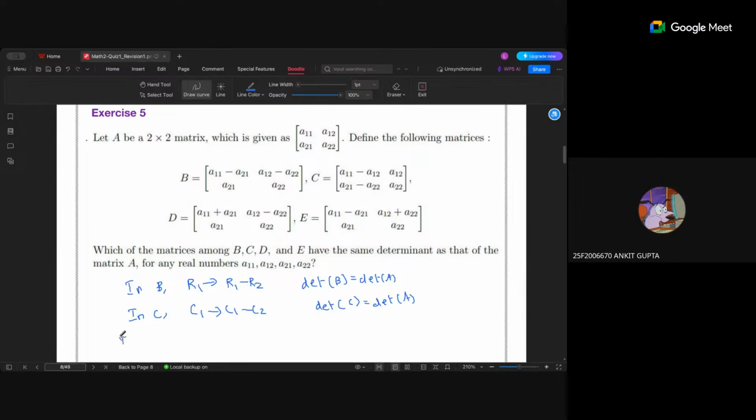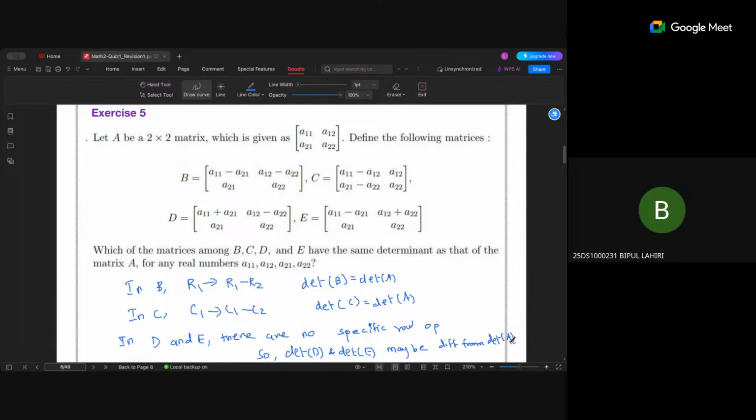No. In D and E there are no specific row operations. So we cannot say the determinant of D and E is the same; it may be different from the determinant of A. Okay, ma'am, thank you.